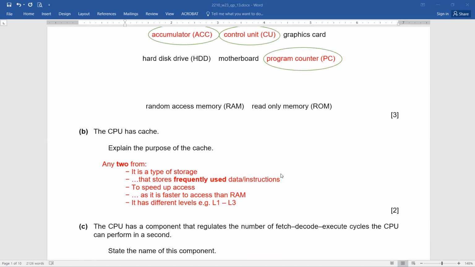Now, some of you may be aware of the L1, L2, and L3 cache. If anyone has written about that, he will definitely be able to score also. But mainly, if you know that it's a type of storage, it's there to store the data you need quite frequently. The frequently used data and instructions are present in cache so that the speed of processing is improved.